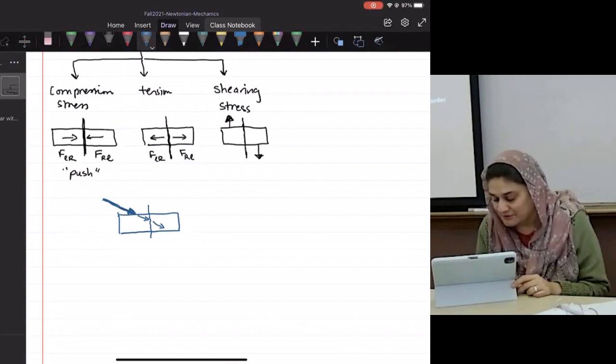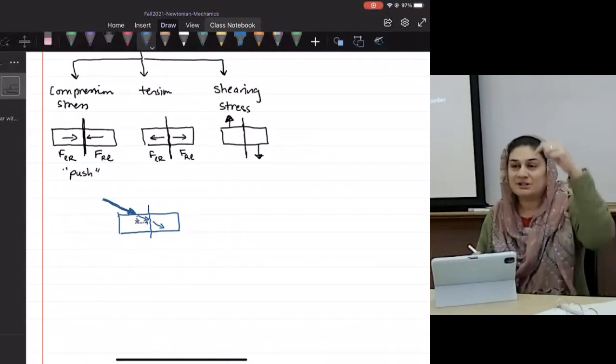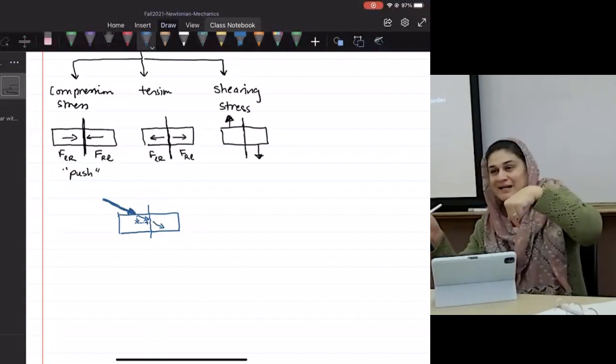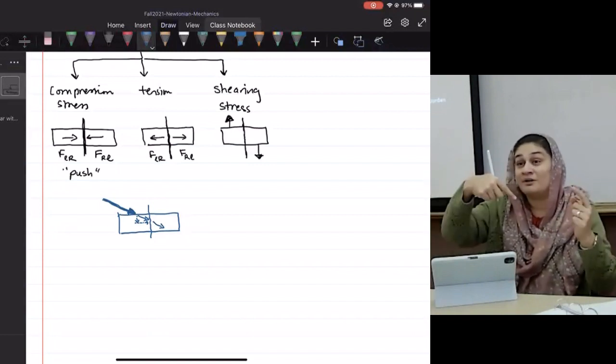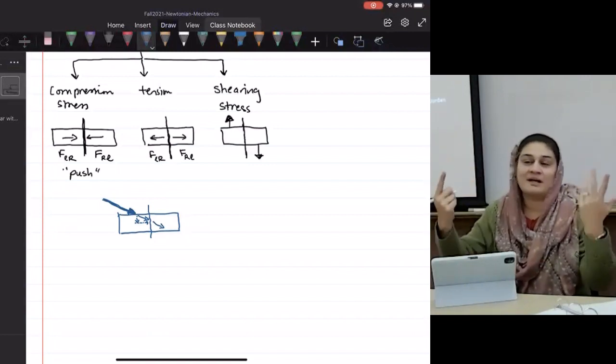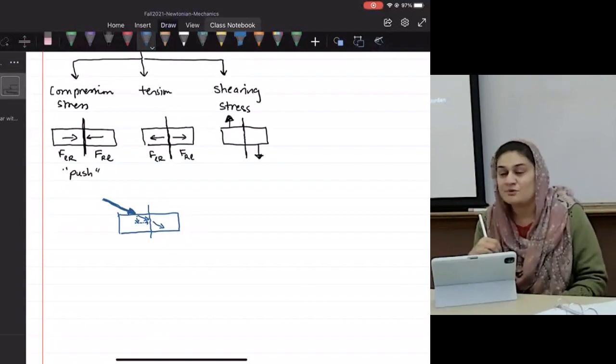In which case you will have to do a component, right? So it'll be like a shearing plus a pushing, so a compression plus that, or it could be a pull. Depends. But yeah, you could have a situation like this where your strains could be different.